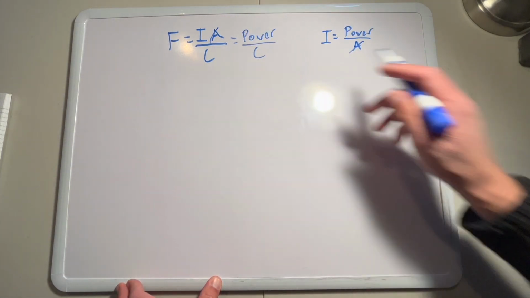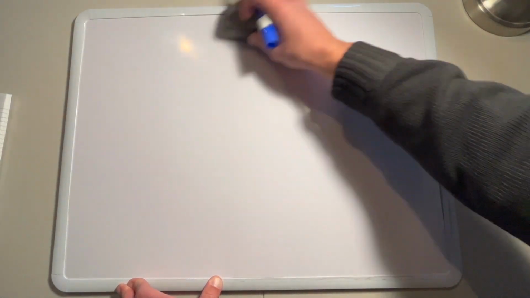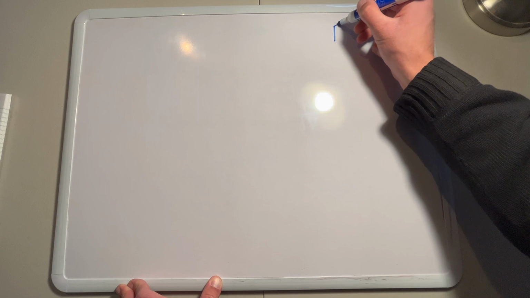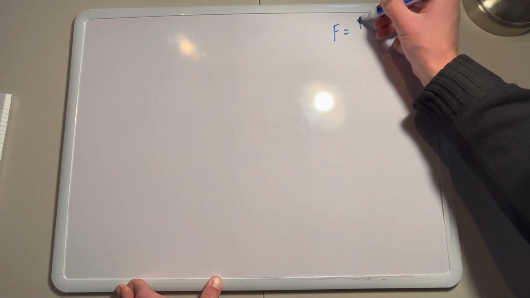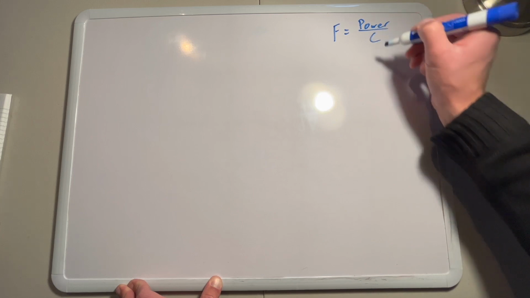I'm just going to clean this up a little bit so we don't have too much going on. And I'll rewrite. Again, we have force equal to power over the speed of light.